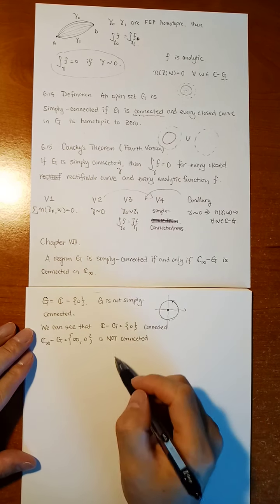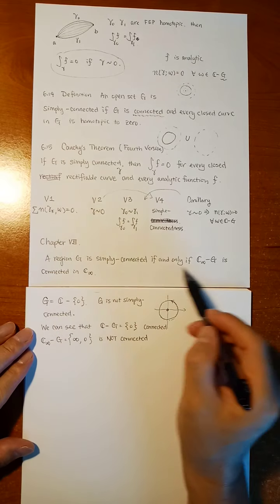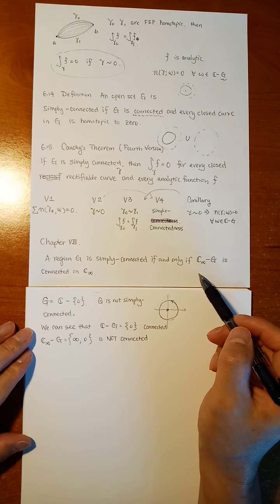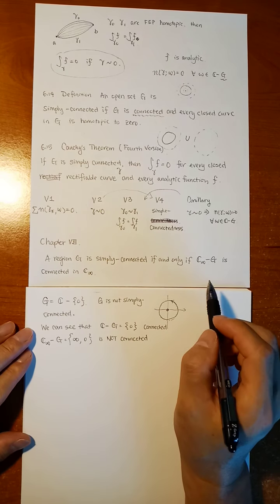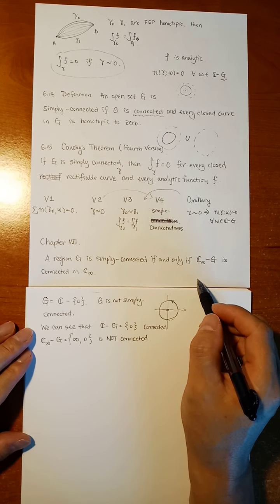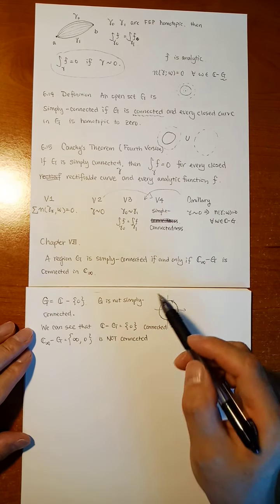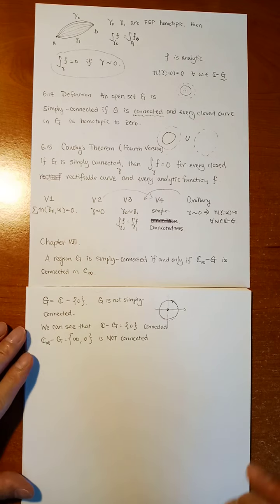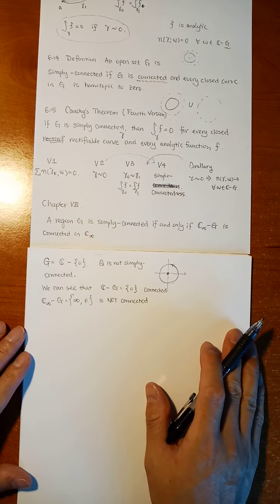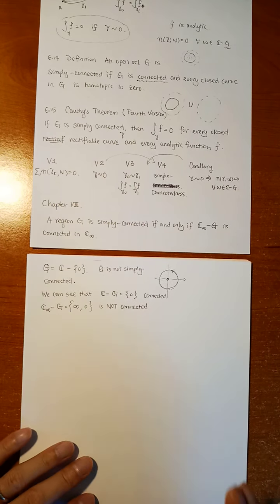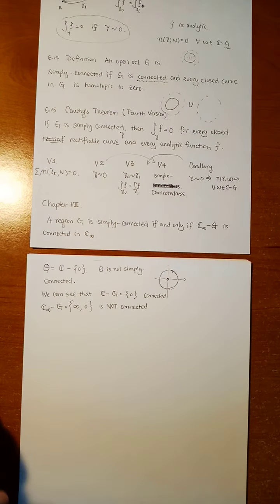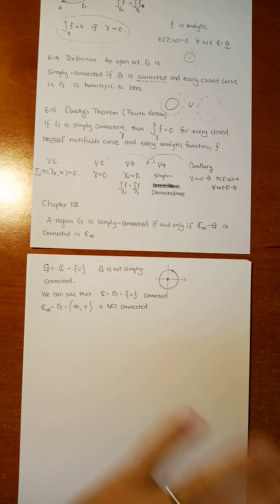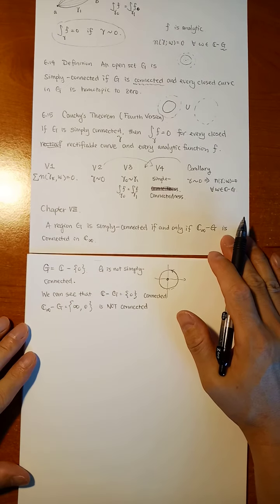So this example tells us in the characterization you have to consider the extended complex plane. You have to consider infinity. You cannot drop it. If you drop that infinity, this statement is not correct. All right? Okay. So that's the little discussion or the comments about simple connectedness.